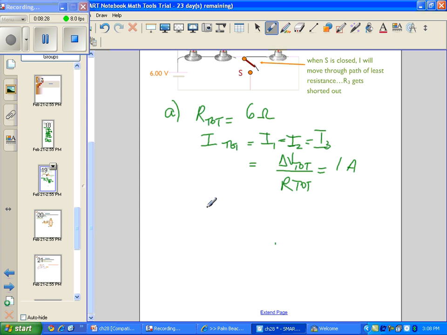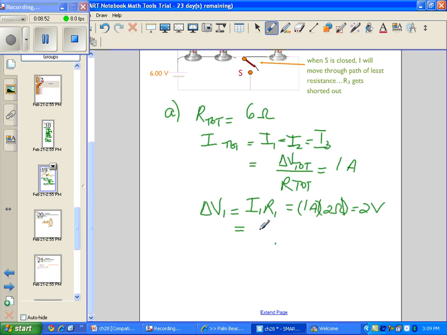The potential across each of these will be given by Ohm's law as well. Delta V1 is the product of I1 times R1. Well, I1 is 1 amp, R1 is 2 ohms. Therefore, delta V1 is equal to 2 volts.